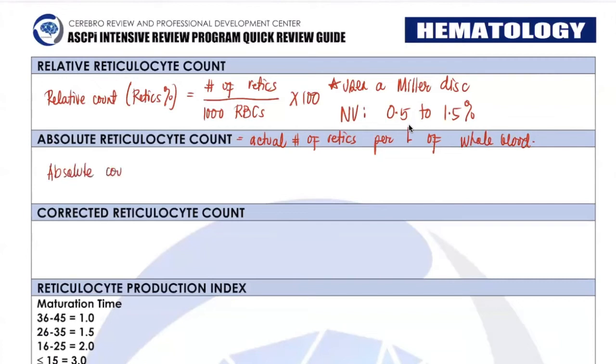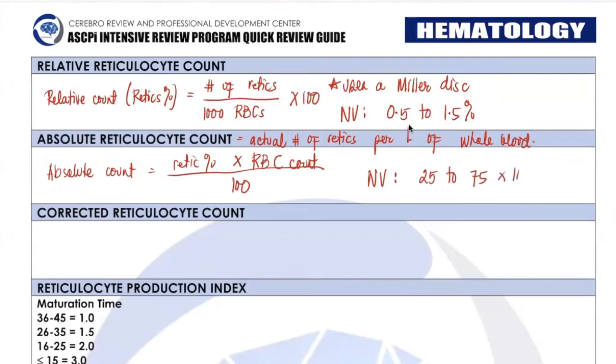For the absolute count, that is your reticulocyte count in percent, your relative count, times your RBC count, divided by 100. So what is the normal value for the absolute reticulocyte count? That is 25 to 75 times 10 to the 9th per liter.